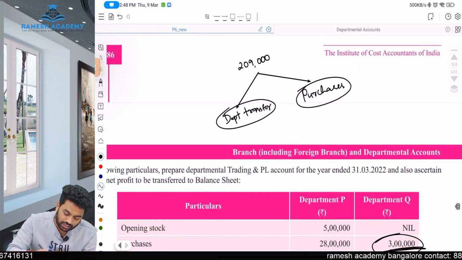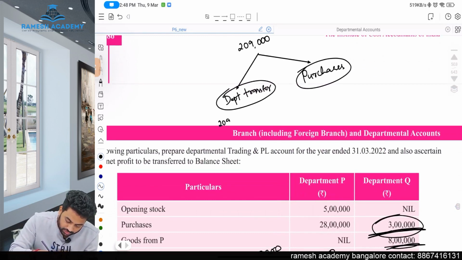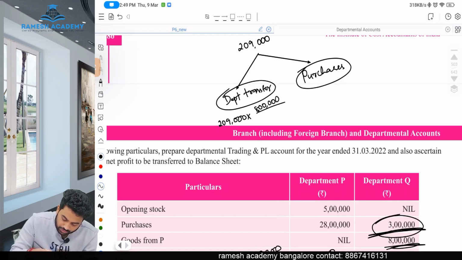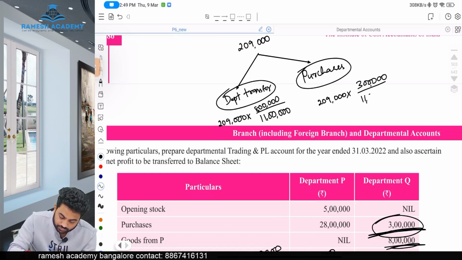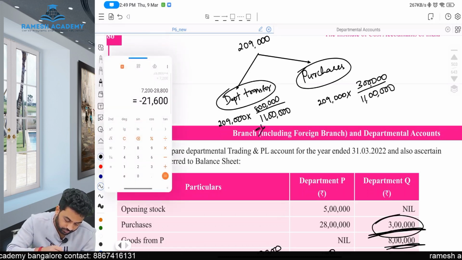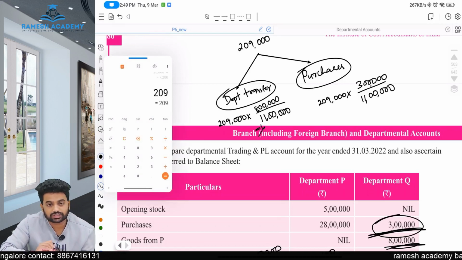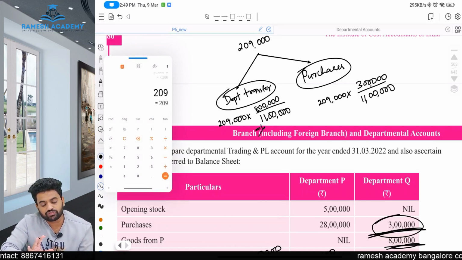So departmental transfer is how much, sir? 2,09,000 into 8 lakh divided by the total, which is 11 lakh. In the same way, how much is of purchases? 209,000 into 3 lakh divided by 11 lakh. Because the purchase which you are making from outside is at cost only.